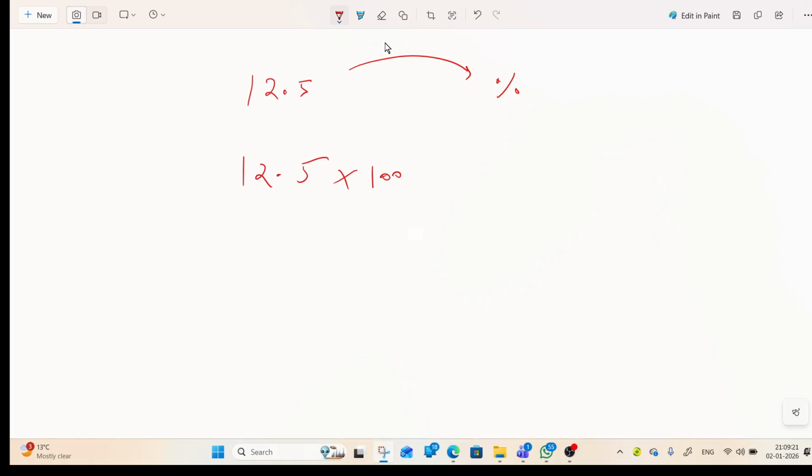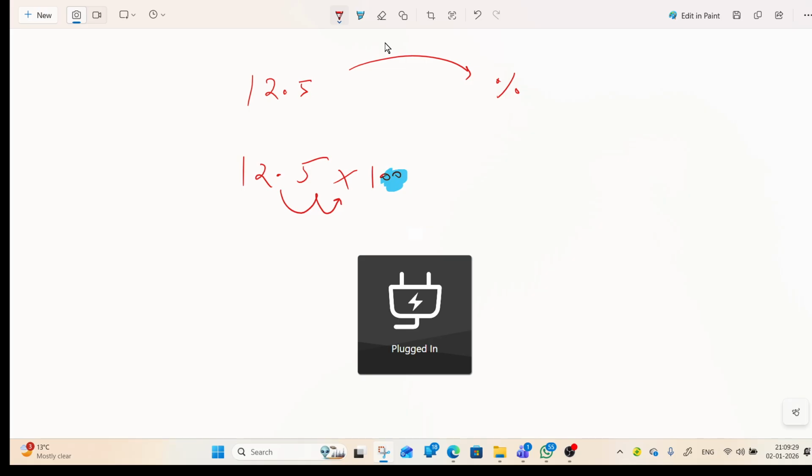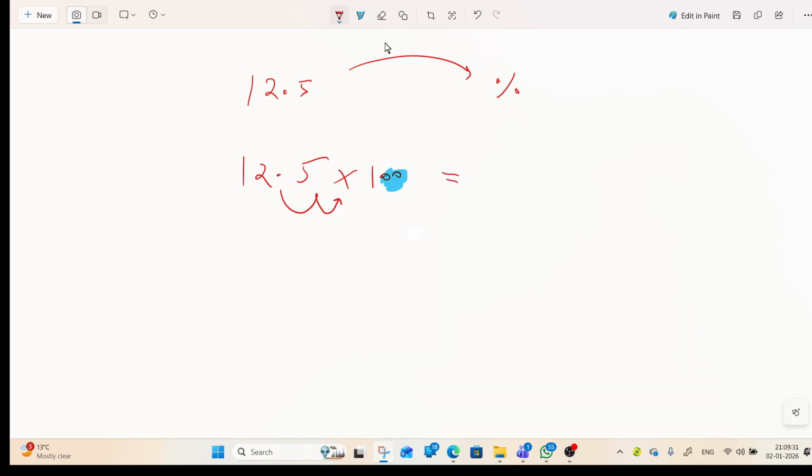If you times it with 100, you see there are two zeros, right? So you need to move the decimal by two places towards the right. Because if you notice, after 5 there is no digit. When there is no digit, you need to fill the space with 0. That is called a placeholder. So you get 1250, right?